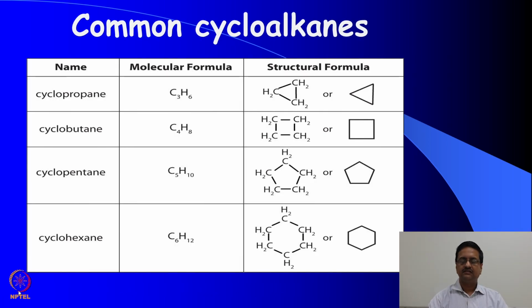So, when you learn about cyclic alkanes, there are a few very commonly encountered cyclic alkanes as shown here: cyclopropane, cyclobutane, cyclopentane, cyclohexane, etc. These are very common cyclic compounds that we encounter in our organic chemistry courses.